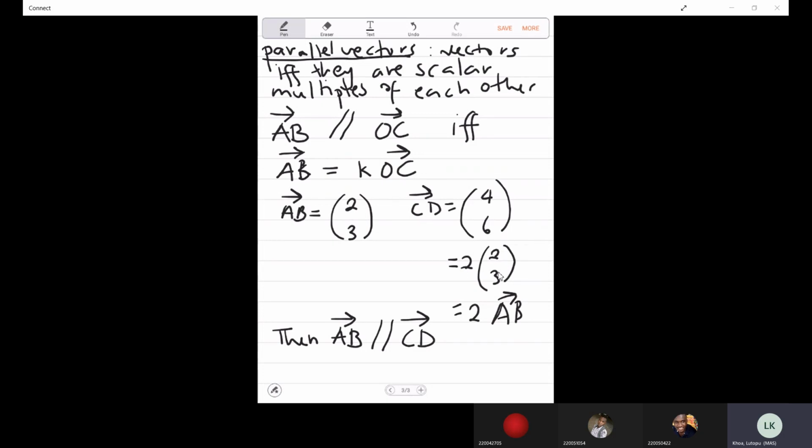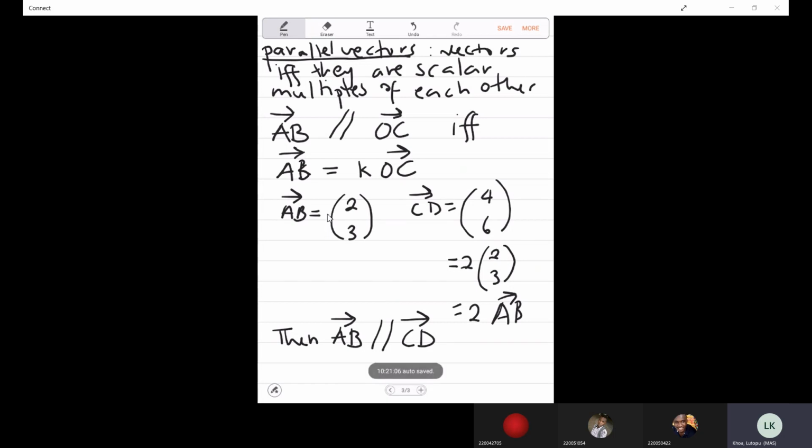Okay, so as long as I can write one as a scalar multiple of the other, then they are parallel. I could also rewrite this one, take half out, then I would have (4, 6), then it's half of CD or half times CD, then I say they're parallel. Okay, so as long as one is a scalar multiple of the other, then we say that the two are parallel.